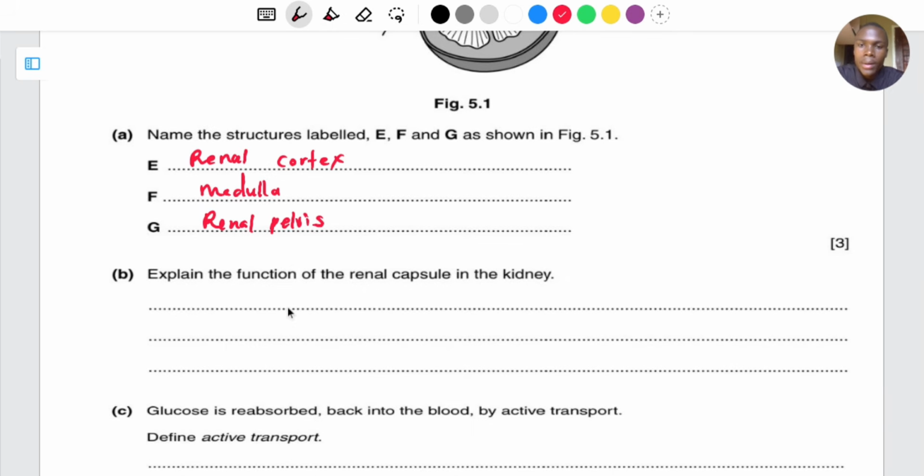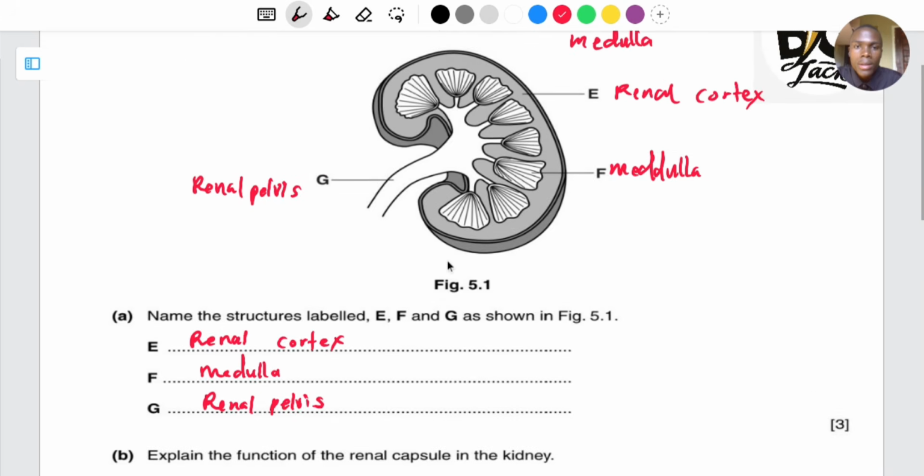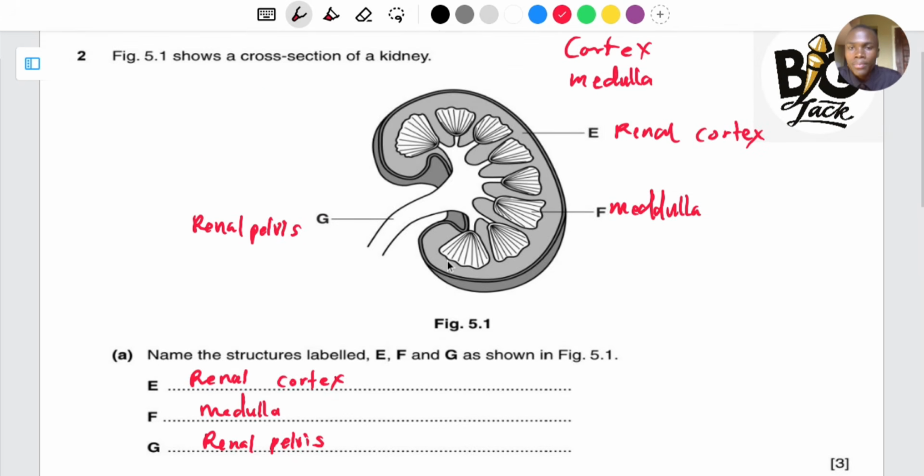Then we have this question which is saying explain the function of the renal capsule in the kidney. In terms of the structure of the renal capsule, where are we going to find it? The renal capsule is just the outer part here. This is the renal capsule. It is the outer structure, and its function is to protect the internal structure of the kidney from the external environment.